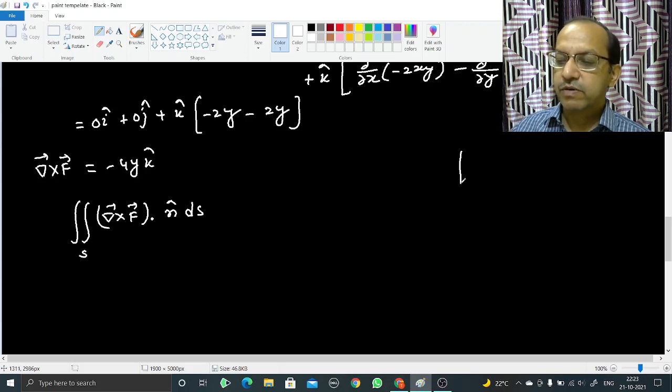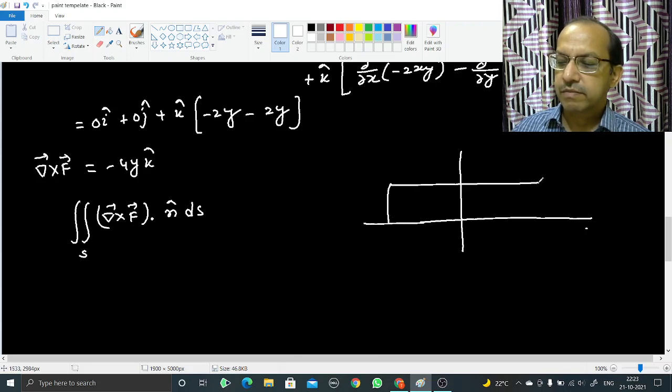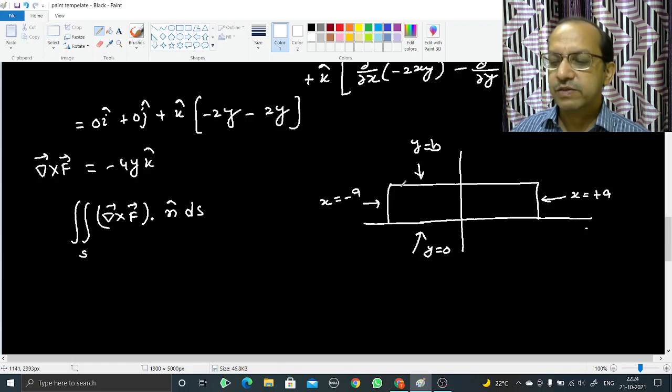So we will draw the surface again. It was this surface. So this line was x equal to plus a, this line was x equal to minus a, this line was y equal to b, and this line was y equal to 0. It is bounded by these, and this is the required surface.